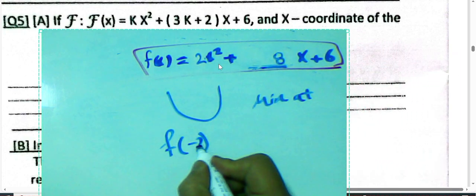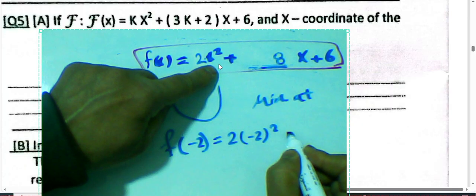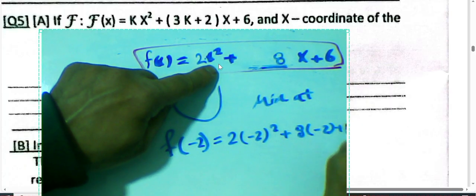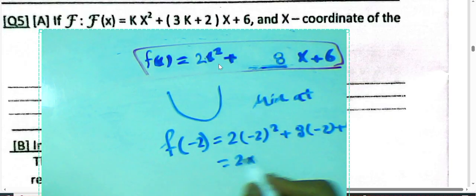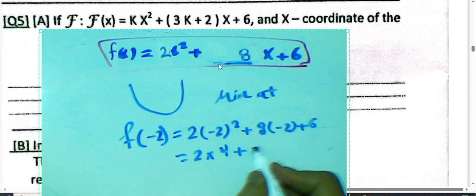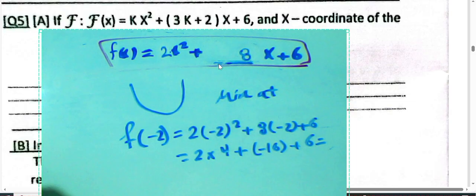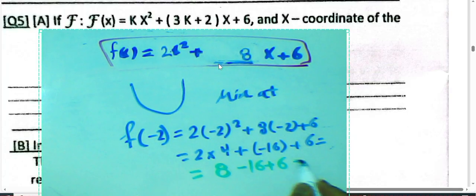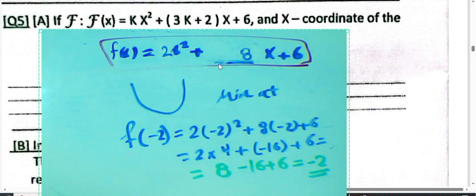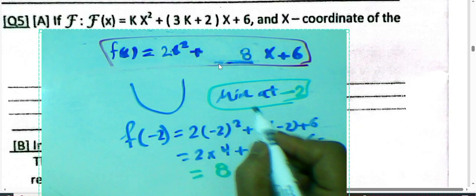Then f of negative 2 equals 2 product by negative 2 power 2 plus 8 product by negative 2 plus 6. 2 product by negative 2 power 2 equals 4, 2 times 4 equals 8, plus 8 times negative 2 is negative 16, plus 6. 8 minus 16 is negative 8. Negative 8 plus 6 is negative 2. Then the answer here will be negative 2. Then the function has a minimum at negative 2. Understood?